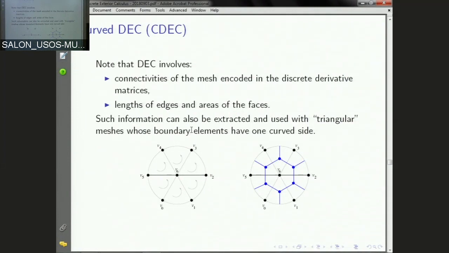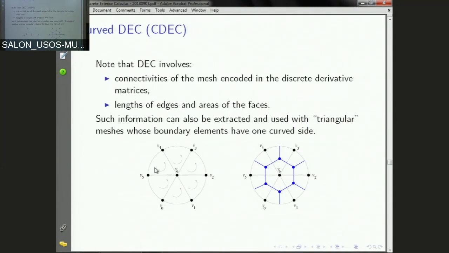Now, what if I decide to have a circular domain instead of a hexagon, the hexagon being the approximation to this disk? I decide to use the disk itself, and I mesh it this way with straight segments and some curved boundary edges. Now, the connectivities are the same. The lengths and the areas are different.